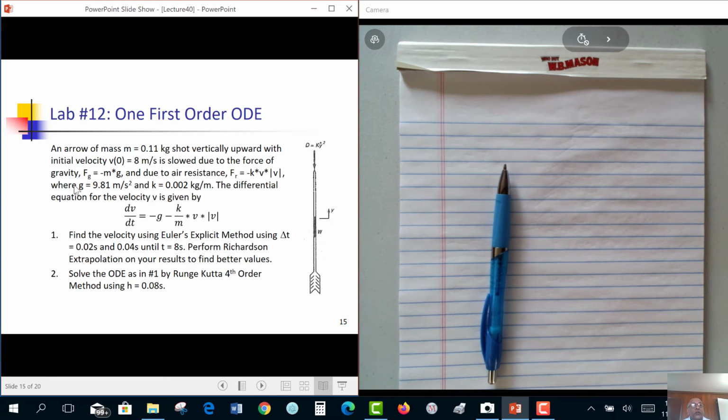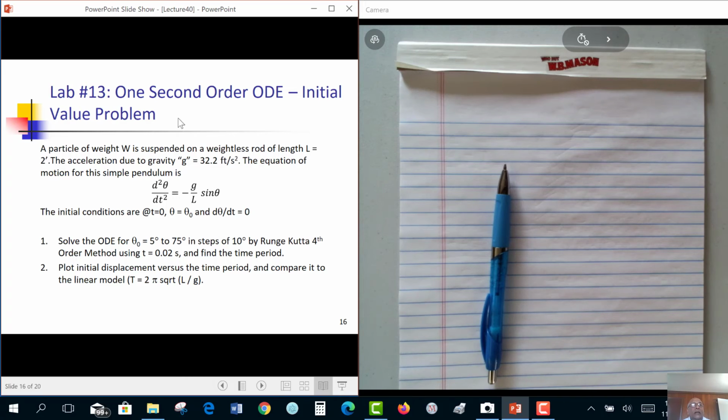Here is a first order ODE. You'll be coming across ordinary differential equations in your other courses, I hope, in your upper level tech electives. So again, there you will have a chance to solve more complex problems, and you can use these techniques. Second order ODE, I picked a problem from dynamics.